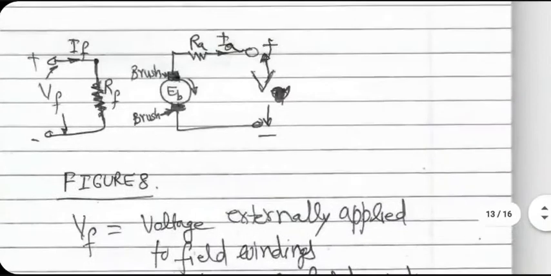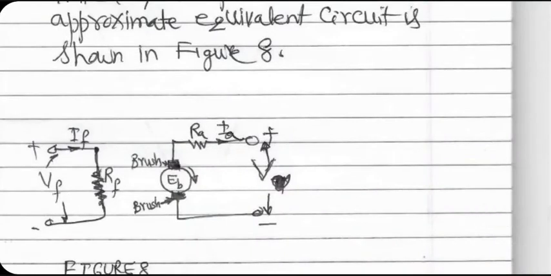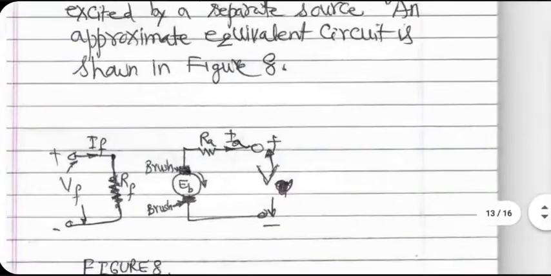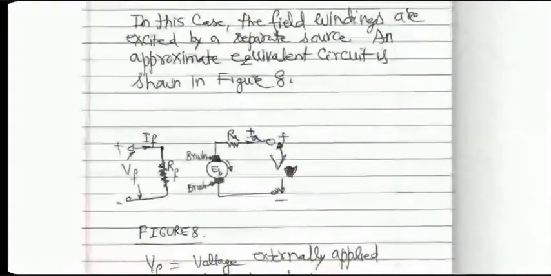The values of armature resistance RA and field resistance RF are generally given to you, and parameters for calculating EB are also generally given. By default, we are assuming that brushes have no losses. In practice, there may be losses in the brush also. In the two brushes, you may have some voltage drop. If nothing is given, you ignore that. If something is given, you'll have to accommodate that in your calculations.